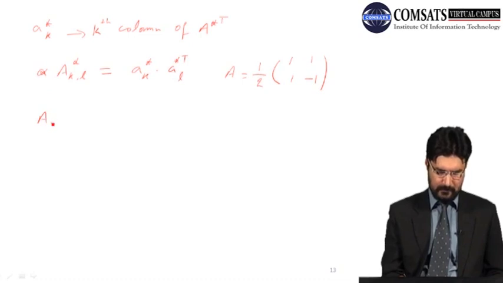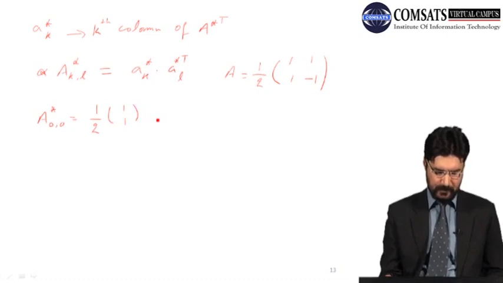A 0 0 star, the 0th basis image, will simply be half into the basis vector 1 and 1, times 1 and 1 transpose.